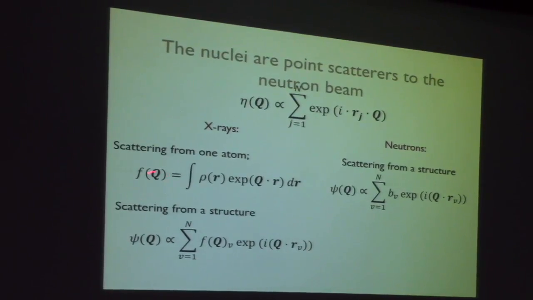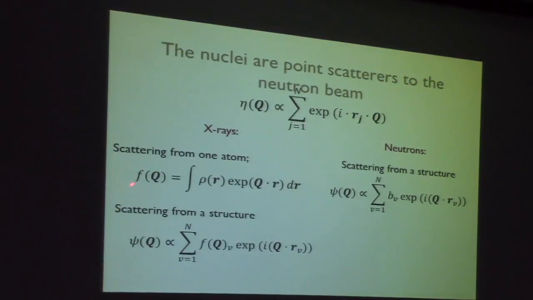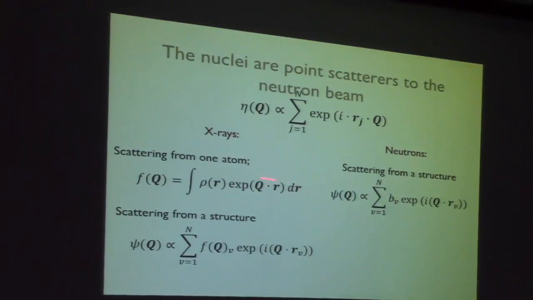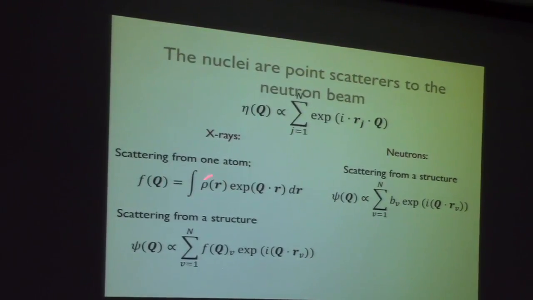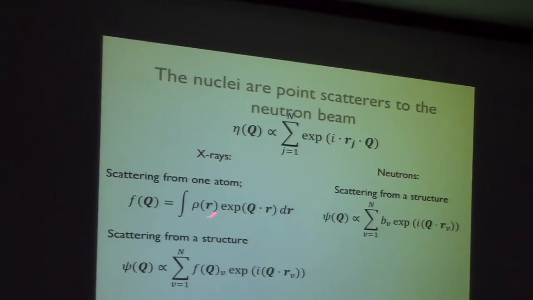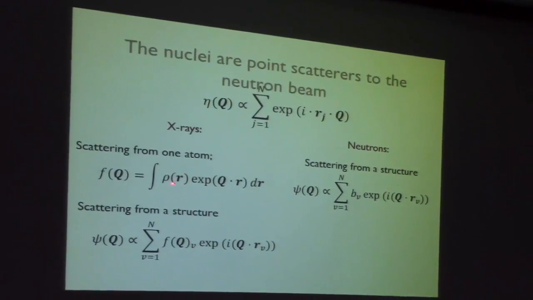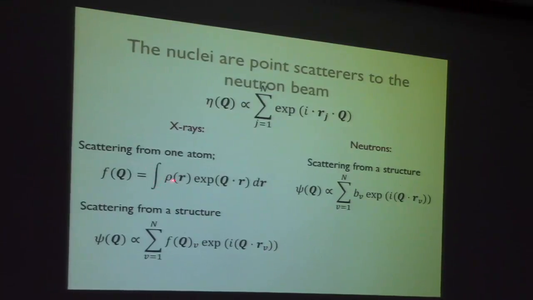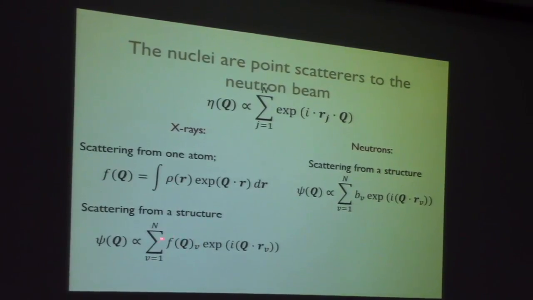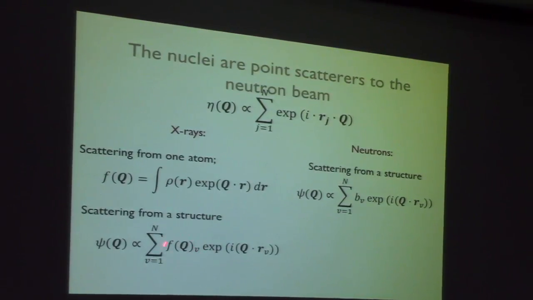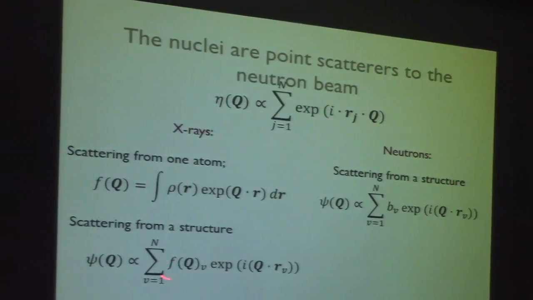The scattering power from X-rays looks like this f of q, and it's an integral of an exponential like this times this density, and this is the electron density of the atom. So if you integrate just the electron density, you get what we call the X-ray form factor.